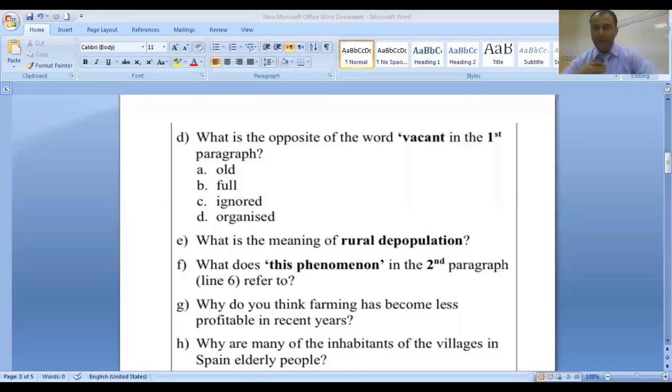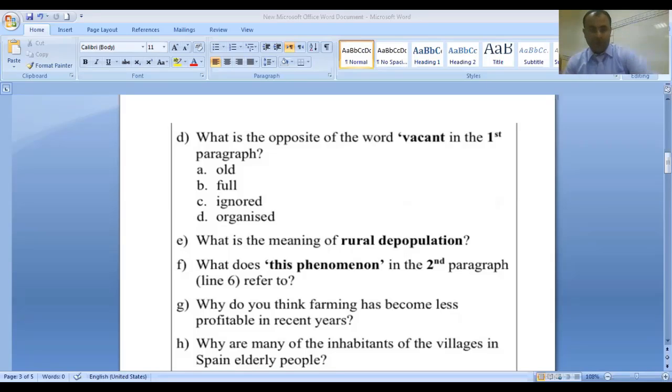Some are moving permanently, but many are buying holiday or weekend homes, which are empty for much of the year. Okay? Now we finished reading this text.